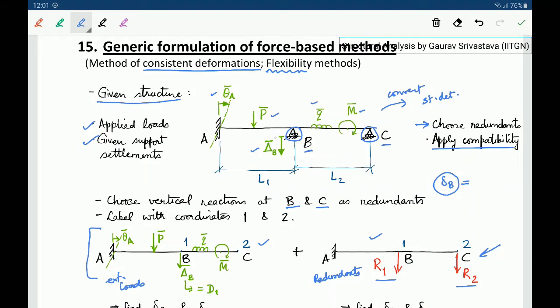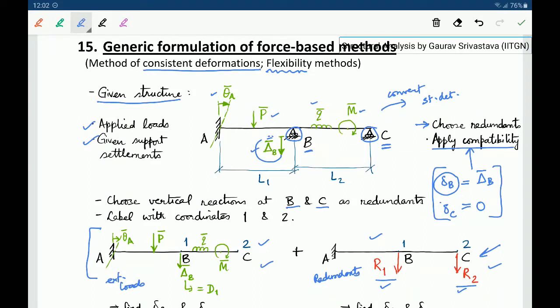In case there is a delta B bar, which is a given displacement, we set it equal to delta B bar. Again, we calculate delta C from both the left and right figures, and overall we set it equal to 0, since in this case there is no settlement at C. These are the two compatibility equations, and by solving them, we find R1 and R2.